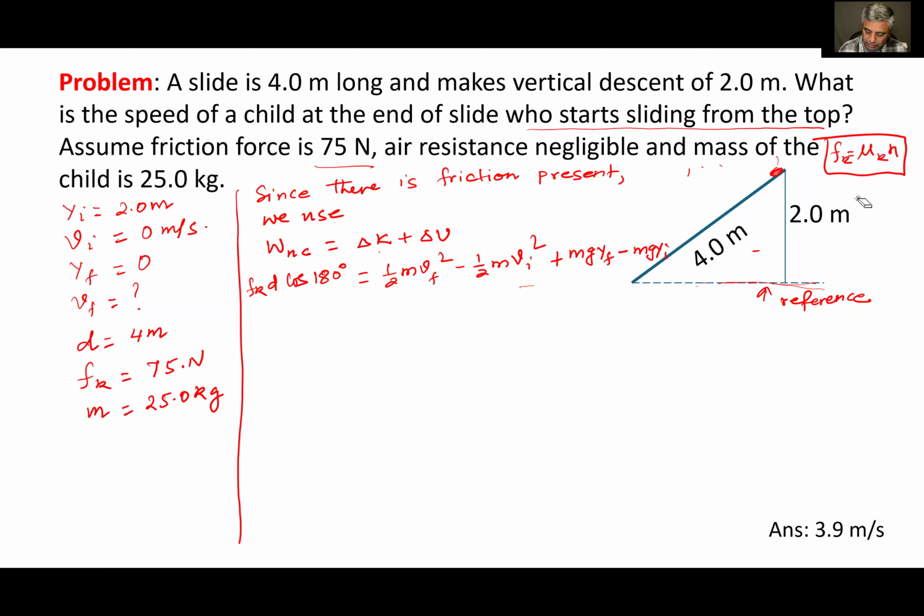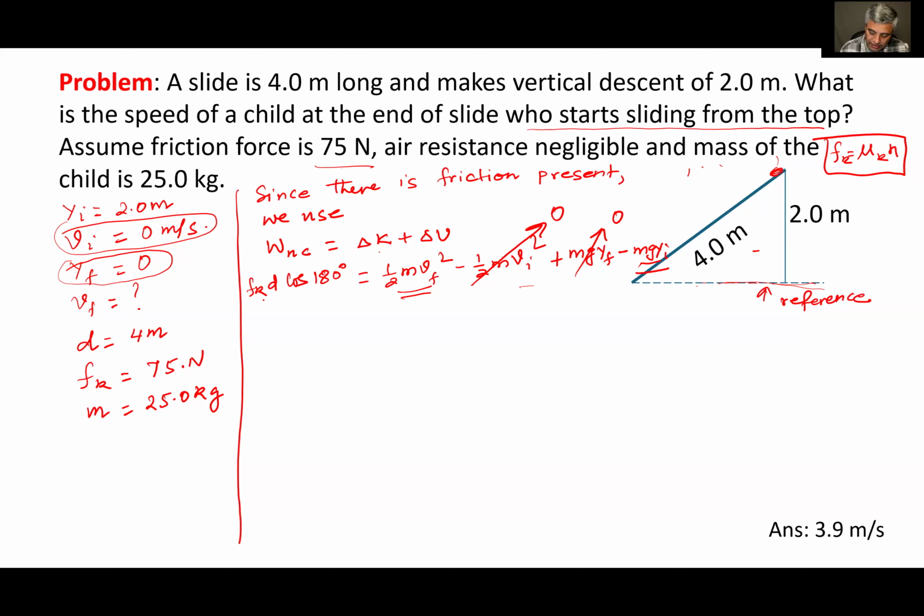Let me get rid of those so that it becomes a little easier to see. Okay, so here I see y_f is 0, v_i is 0. So y_f being 0 means this term is 0, v_i being 0 means this term is 0. So we are left with these two terms on the right hand side.